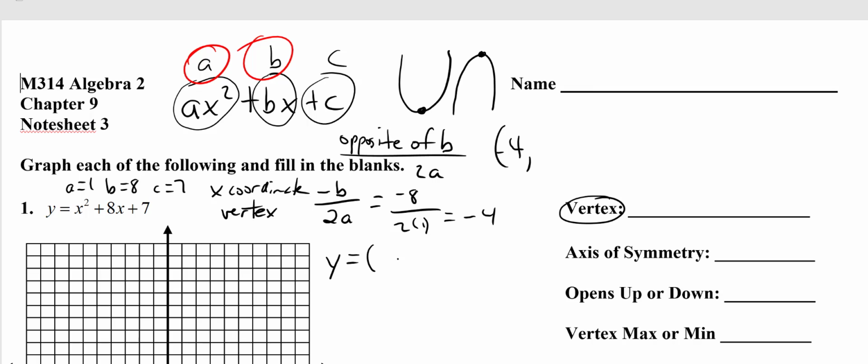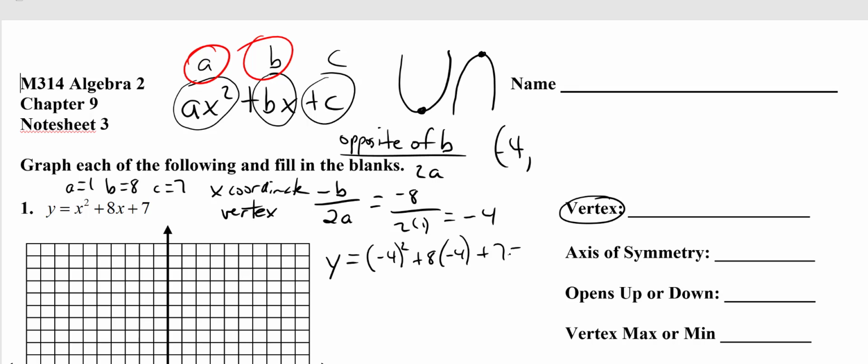So in other words, y is equal to, I'm going to put a negative 4 in there, by the way, negative 4 squared plus 8 times negative 4 plus 7. So just like that, you're going to put that in the calculator with the parentheses where you see a negative. Okay, because if you don't, you're going to say negative 4 squared is negative 16, which is not. It's actually positive 16.